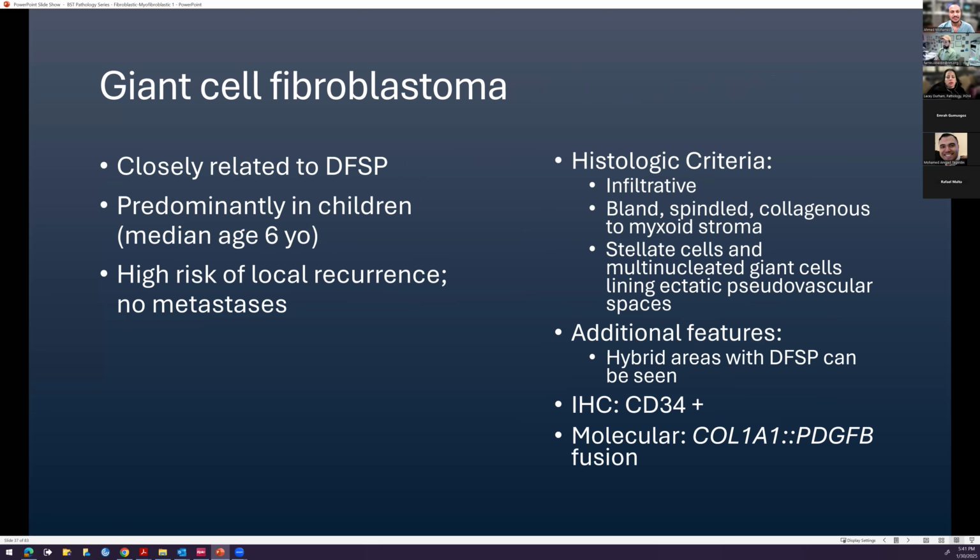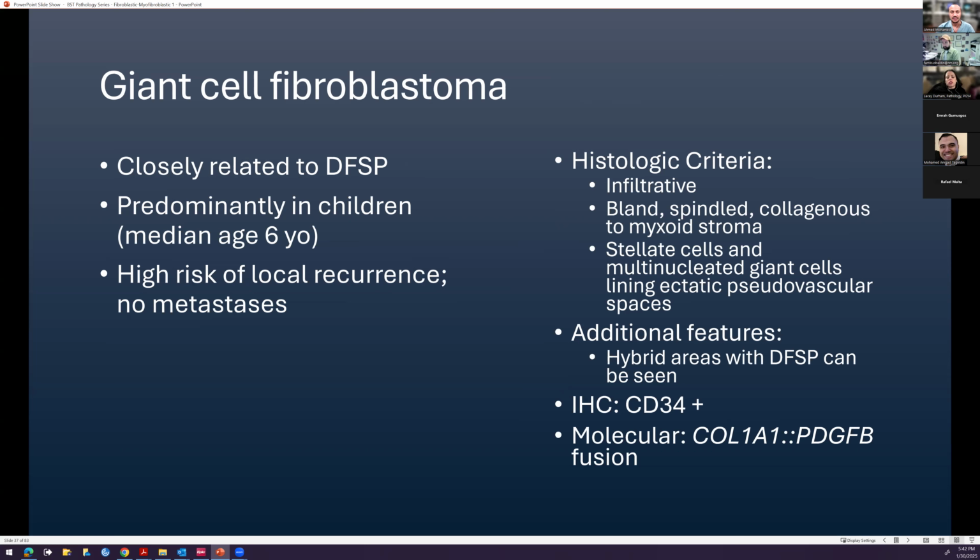So giant cell fibroblastoma, we think it's closely related to DFSP. One because it has the same fusion, so that's something to remember. But two, because we have seen some cases where there's a transition from one to the other. That's been described as well. Predominantly in kids, usually around their first decade of life.